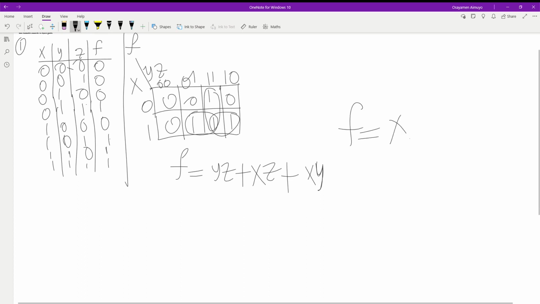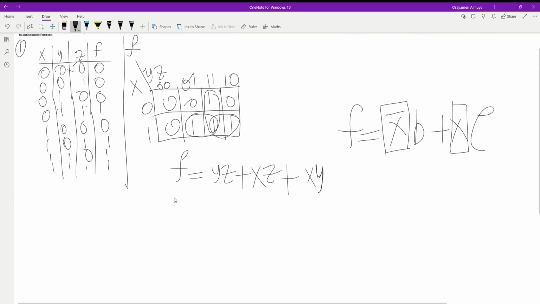Let me show you something like this. X, I don't know, C, whatever, right? So you need to have it in such form. And there is a general concept for this, which I will explain after we work this problem. It's called Shannon's expansion. Okay, so forget about this simplification for now.